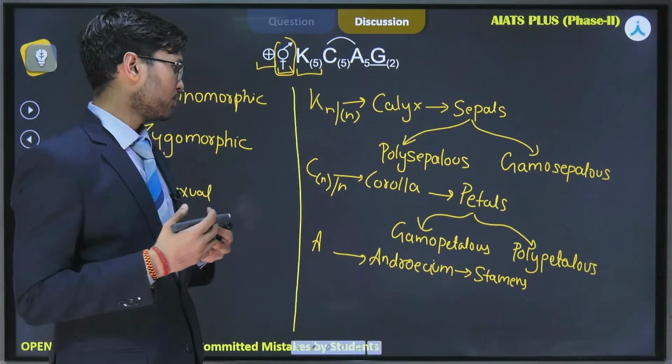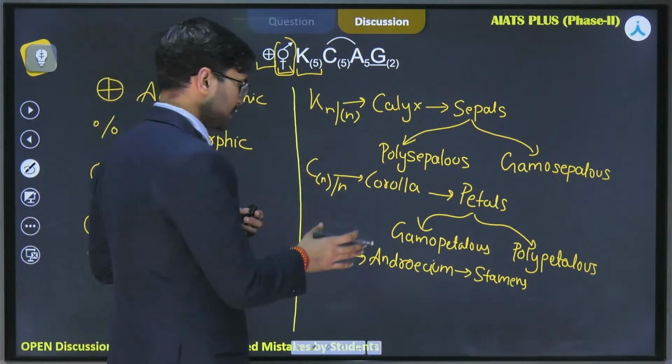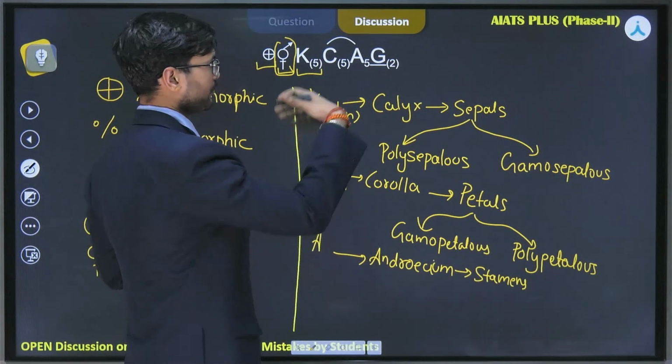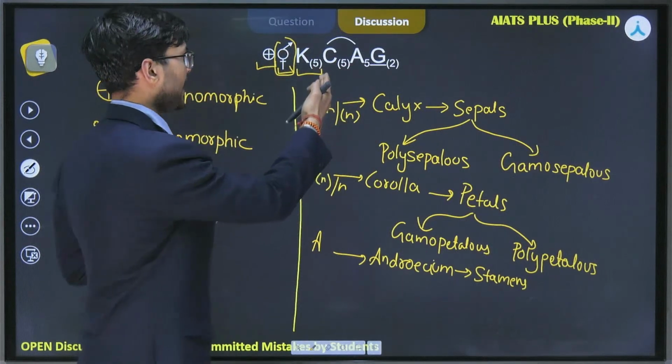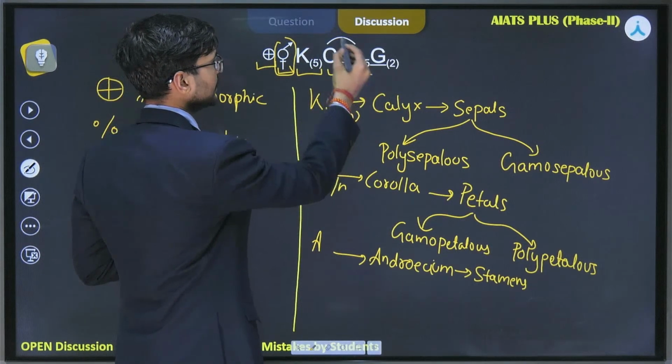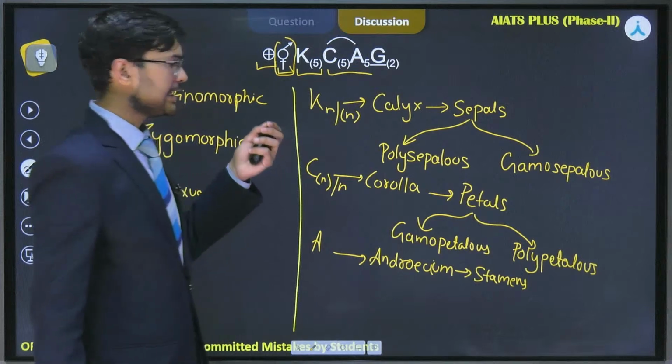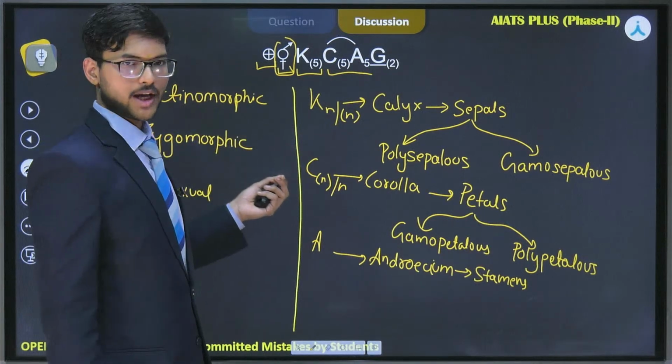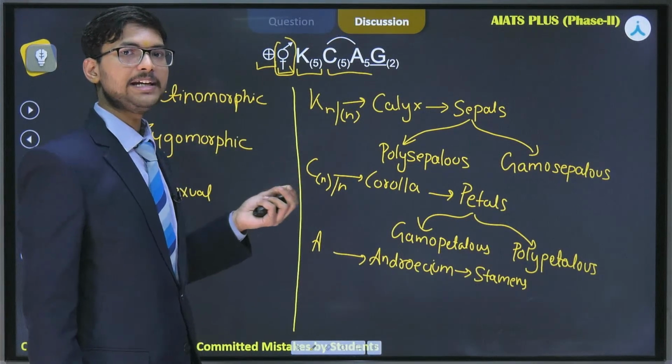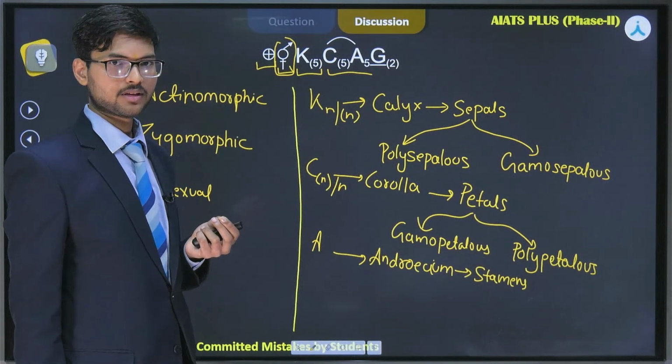Okay. So most of the time you will find that a stamen is bound with the other whorl, that is corolla. In this floral formula, you will find that this symbol represents that the anther is attached to the corolla. That means it is an epipetalous condition. Okay.